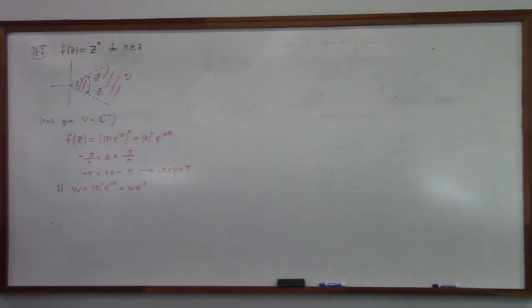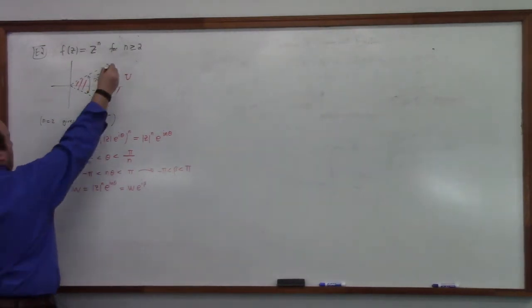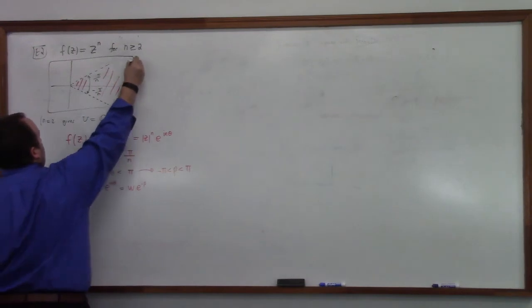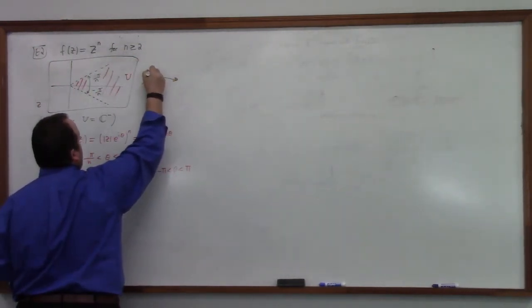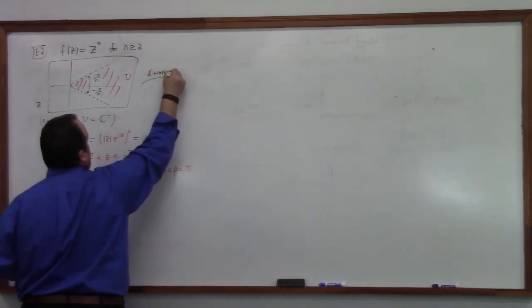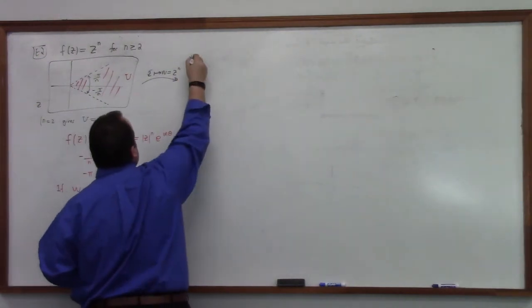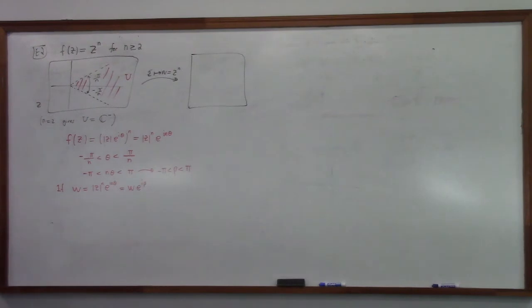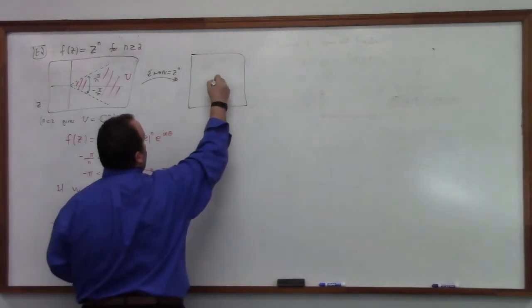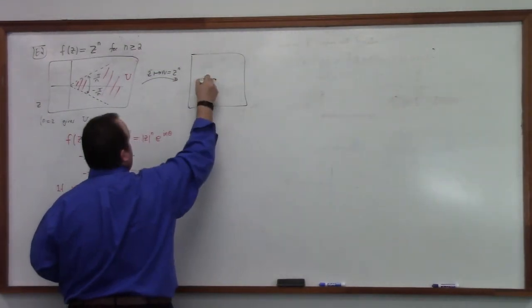In other words, if I visualize this map here as the z-plane, and I take it to the nth power, over here, what do I have? What's my image? I have a half plane. I'm missing pi and minus pi, right? Otherwise known as the negative real axis.